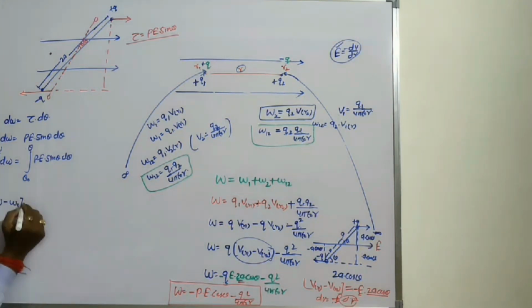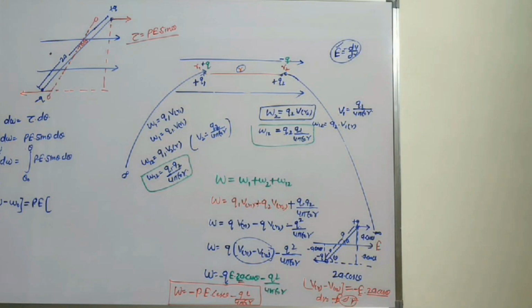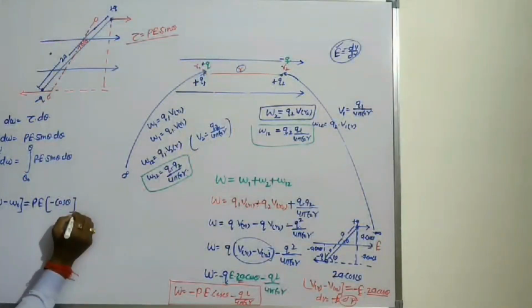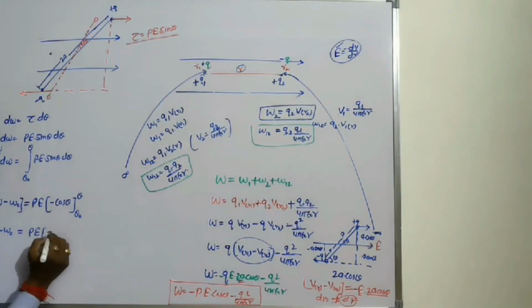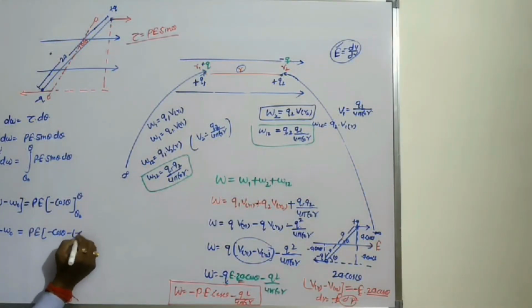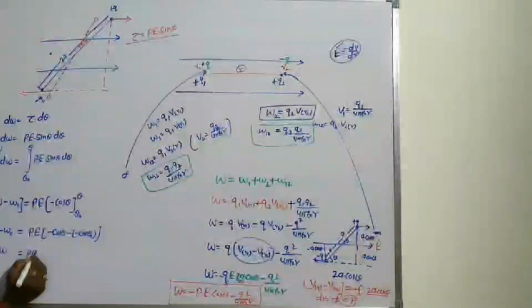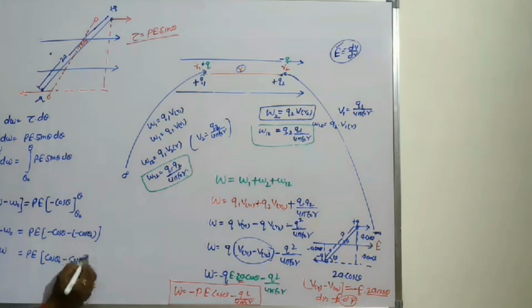After integration, PE is constant and comes outside the integral, so we get the integral of sin theta, which is minus cos theta, from theta naught to theta. So W minus W naught equals PE times the upper limit minus the lower limit: minus cos theta minus minus cos theta naught. Minus minus is plus, so we write delta W equals PE (cos 0 minus cos theta).